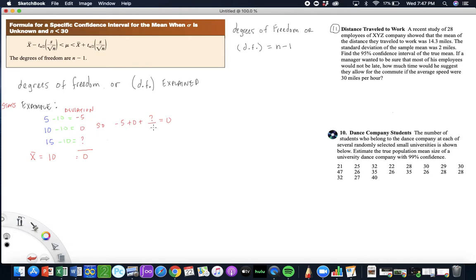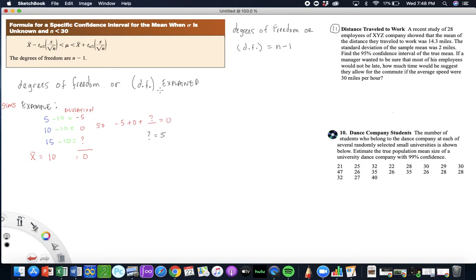Which is 5, because deviations all have to equal 0 at the end. So some of you already made that conclusion. You said -5 plus 0 plus 5 would equal 0, and I've written this out horizontally here. So we know that that question mark would have to equal 5. That's pretty self-explanatory. If you've been in any algebra class, that would make perfect sense.